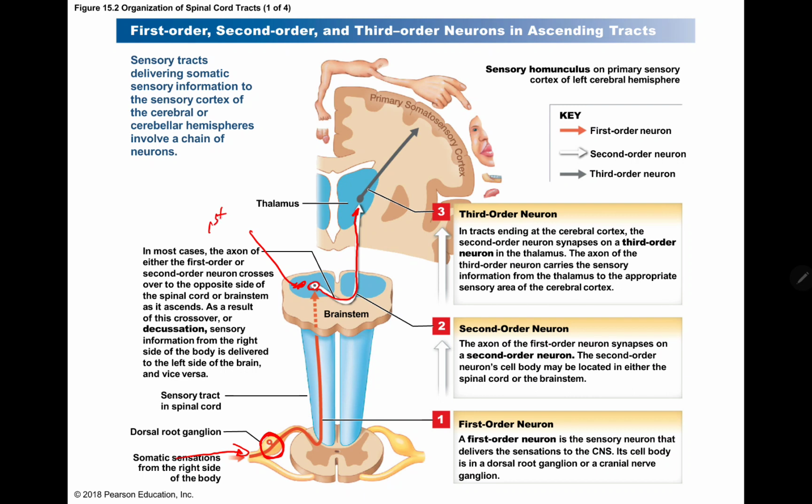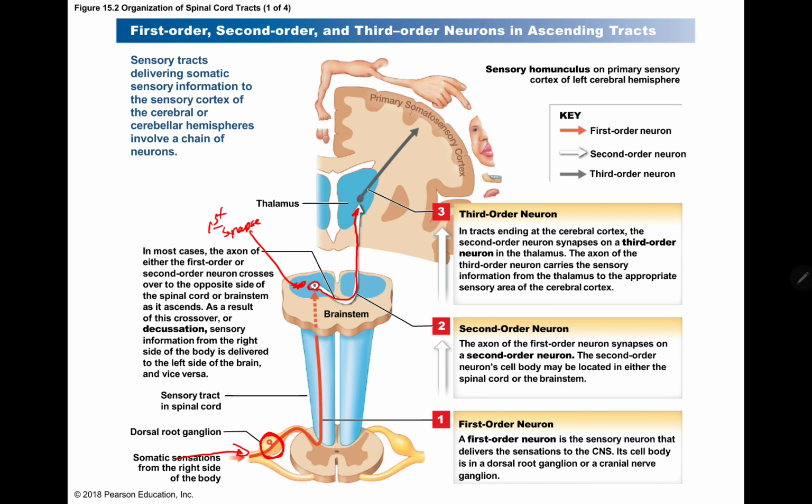And so the axon of the first order neuron synapses on a second order neuron, and the second order neuron cell body may be located in either the spinal cord or the brain stem. So remember, in the spinal cord we have that gray matter, so that's where a lot of those cell bodies would be.